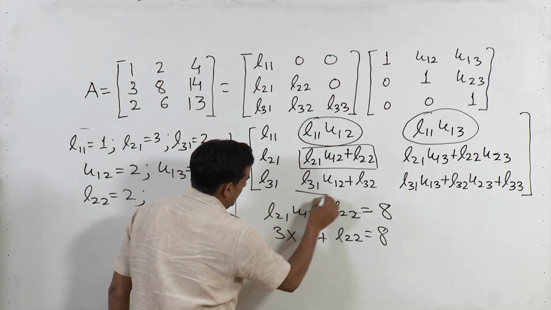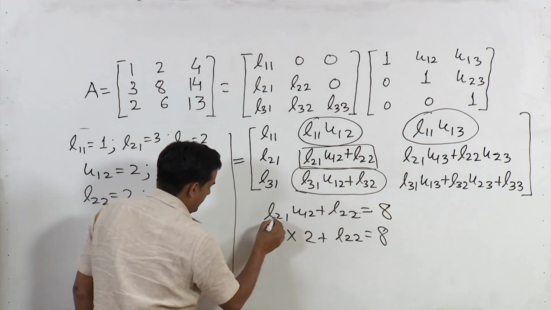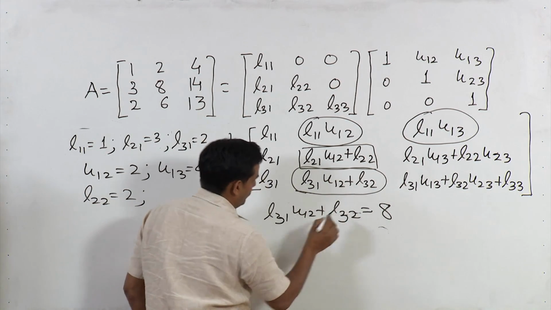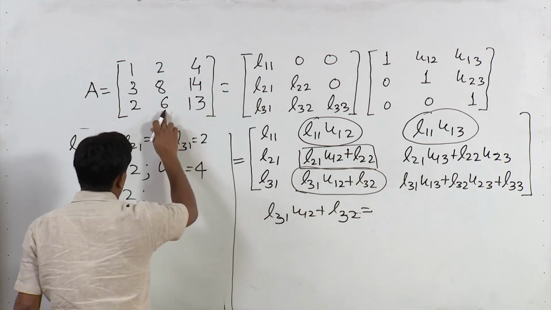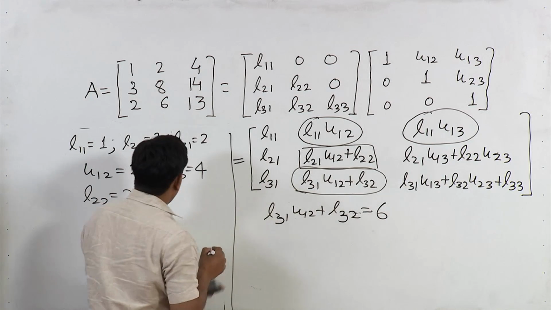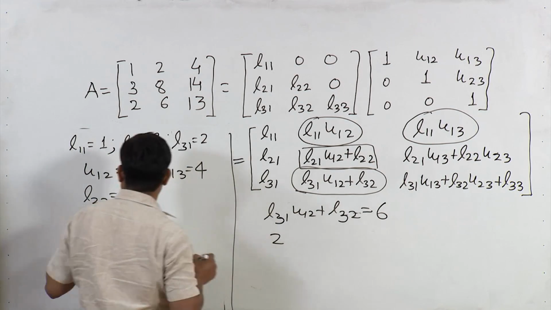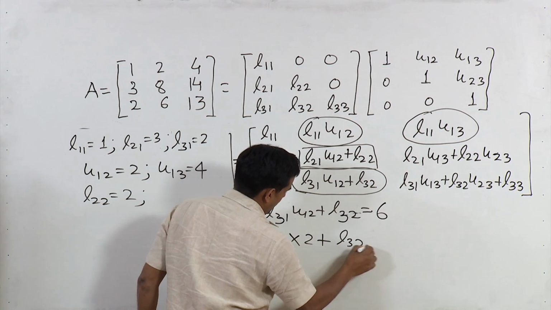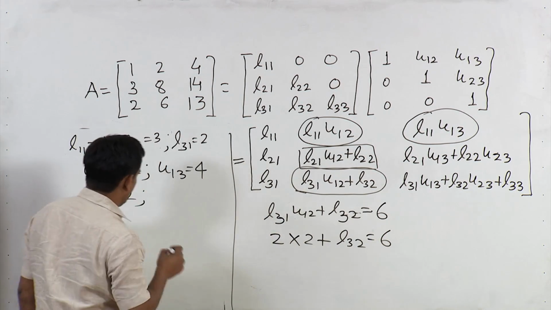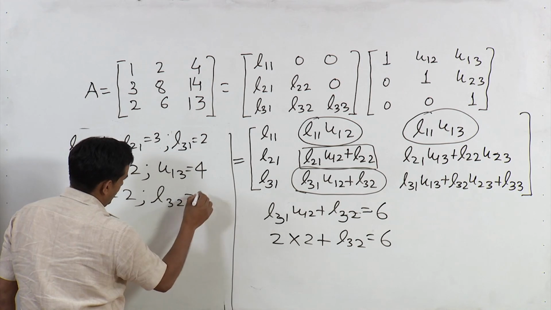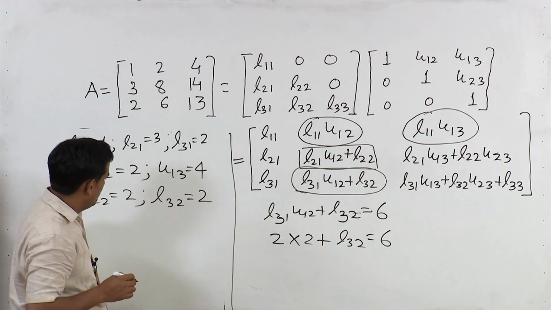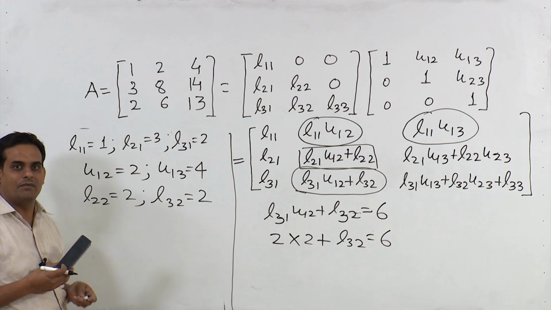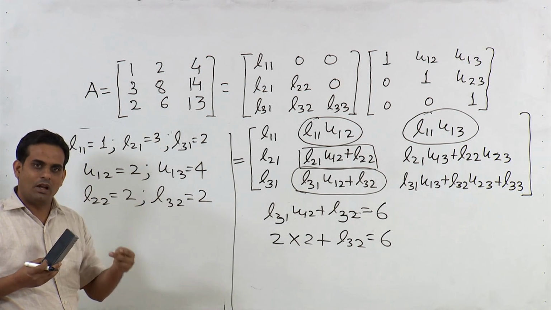Now I will take this element: L31 U12 plus L32, and from here it is 6. L31 is 2, U12 is 2, plus L32 equals 6, and from here I get L32 equals 2. So out of the 9 elements, I got 7 elements just by comparing two columns and 1 row.